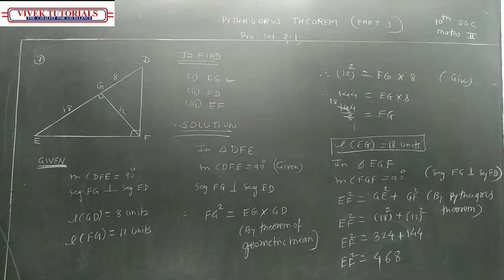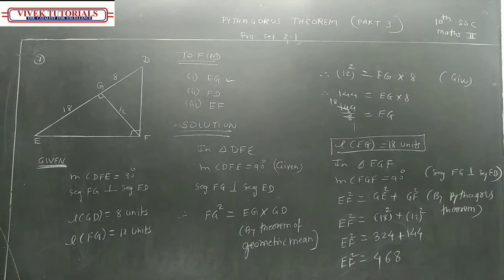Okay, so DF square is equal to DG, which is 8 square, plus 12 square. So DF square is equal to 64 plus 144. DF square is equal to 208.